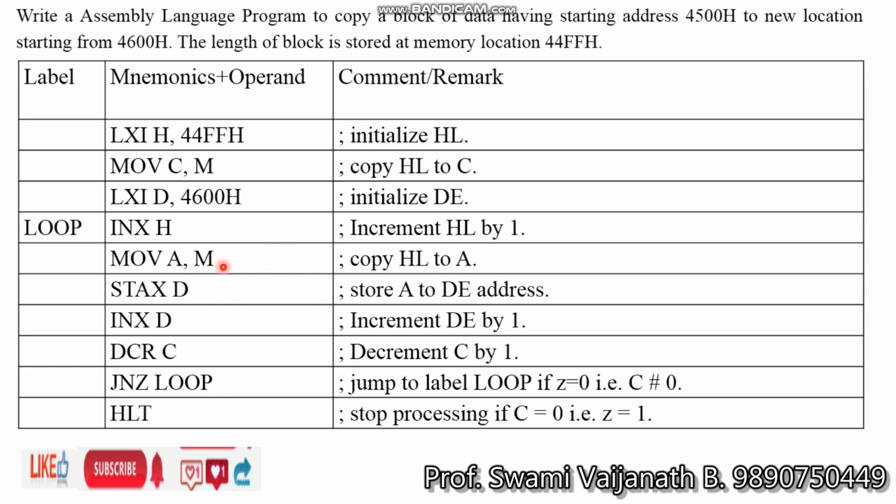Then MOV A, M means copy the content of the location addressed by HL to A, that is the HL address 4500H content is copied to the A register. And STAX D, what does STAX D mean? Store the content of A to the location addressed by the DE pair, that is 4600H. Then INX D increments DE, that is 4601H here, then the count is decremented, and the loop continues till C is 0.